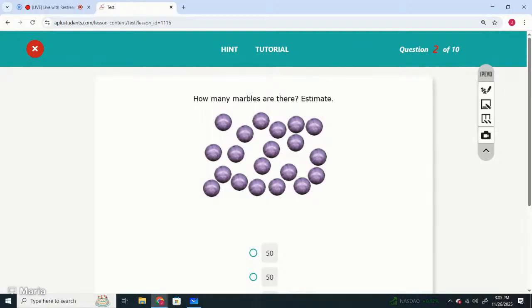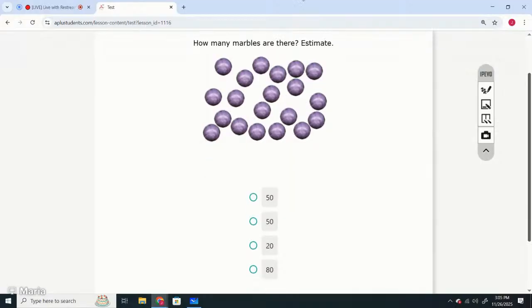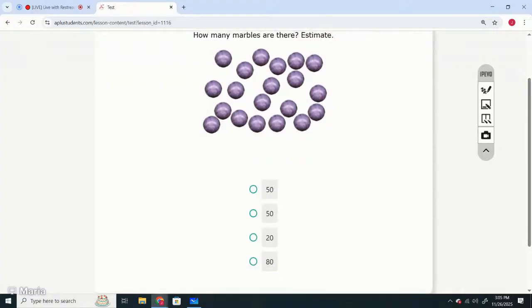How many marbles are there? Estimate. We just have to estimate, looking at the options we are given. They are 50, 20 and 80. So which is the correct option?